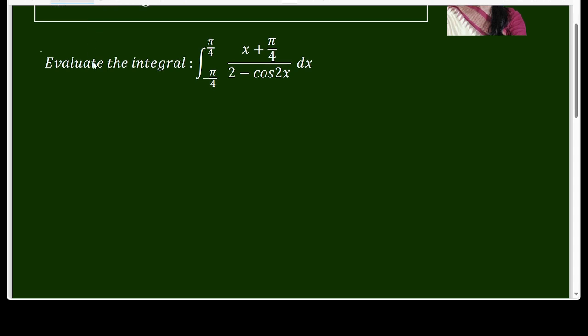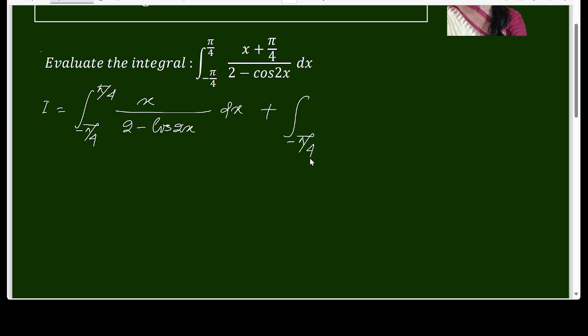So I am making it into two integrals. I equals the integral from negative pi by 4 to pi by 4 of x over 2 minus cos 2x dx, plus the integral from negative pi by 4 to pi by 4 of pi by 4 over 2 minus cos 2x dx.